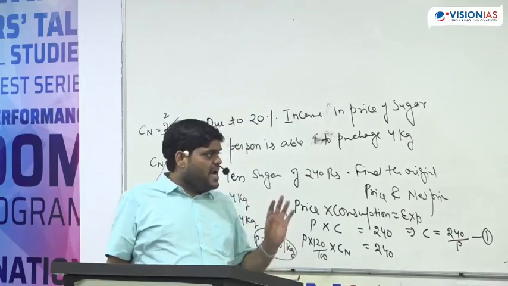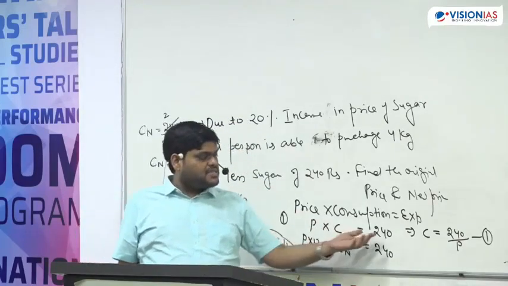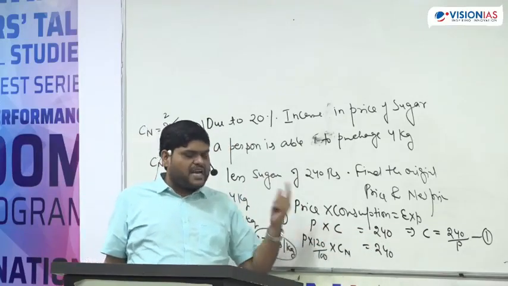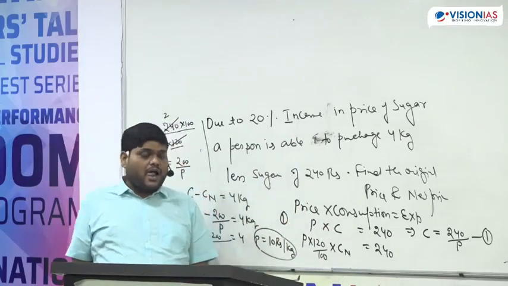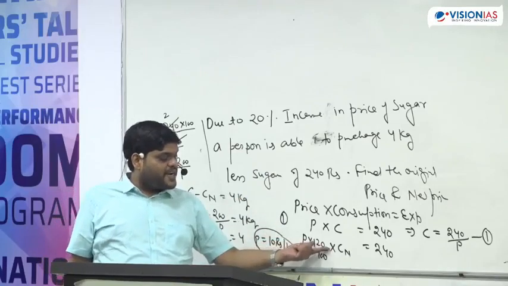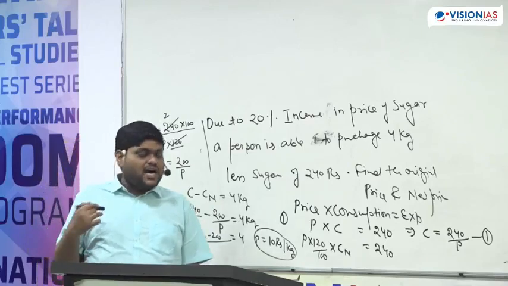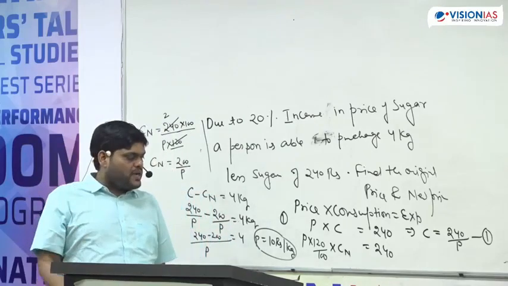Initially the price was P, consumption was C. That means in 240 rupees, at a certain price, a person is able to consume a certain number of kg of sugar. But now the price has increased by 20%. So the price was initially 100%, now it increased by 20%, that means the price becomes 120%.